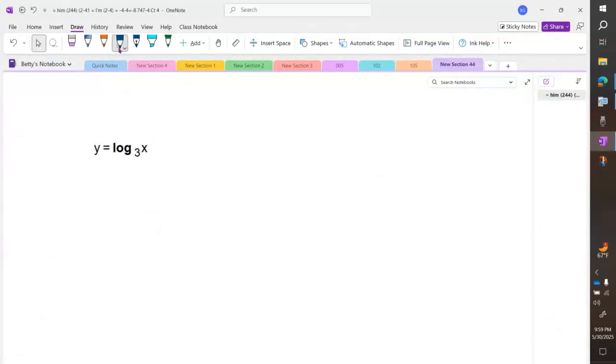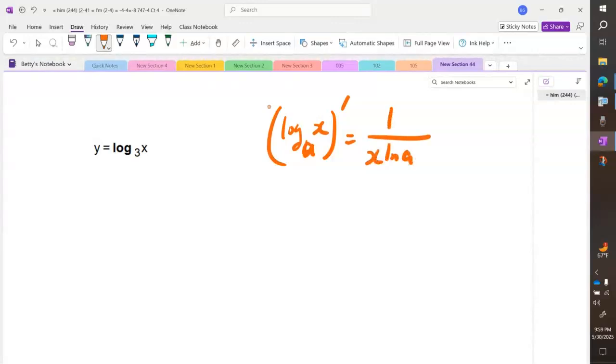Let me think. For log with base a of x, the derivative is 1 over x ln a. I think this is the formula. So the derivative of this function is going to be 1 over x ln 3.